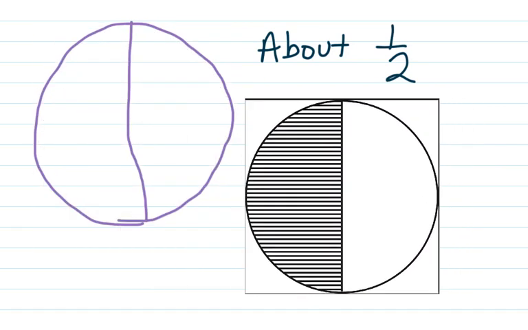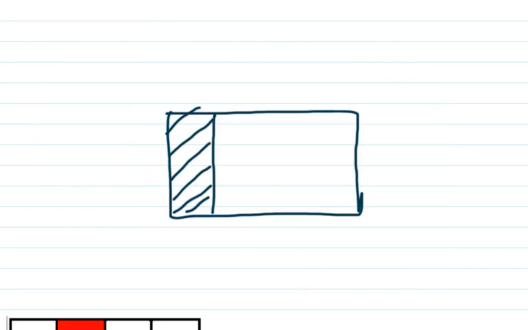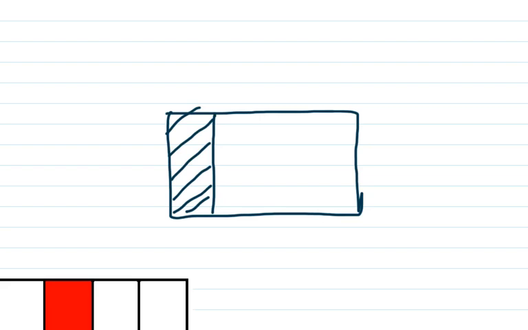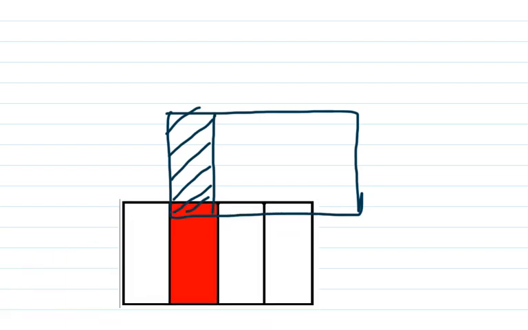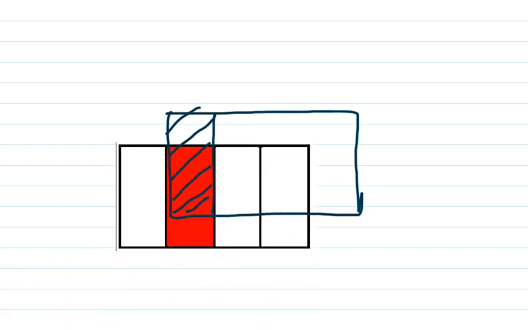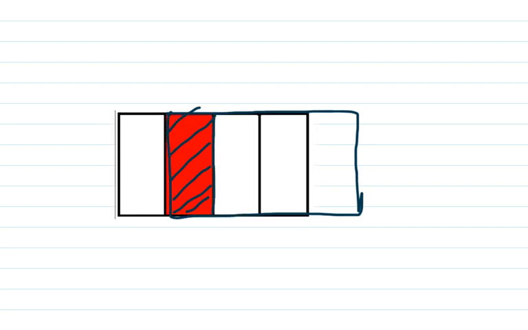Now, let's look at another example. We're just looking at this part that is shaded, and we want to estimate about how much of that space is taken up. So again, let me get my pointer, move my fraction up, and move it right over here.